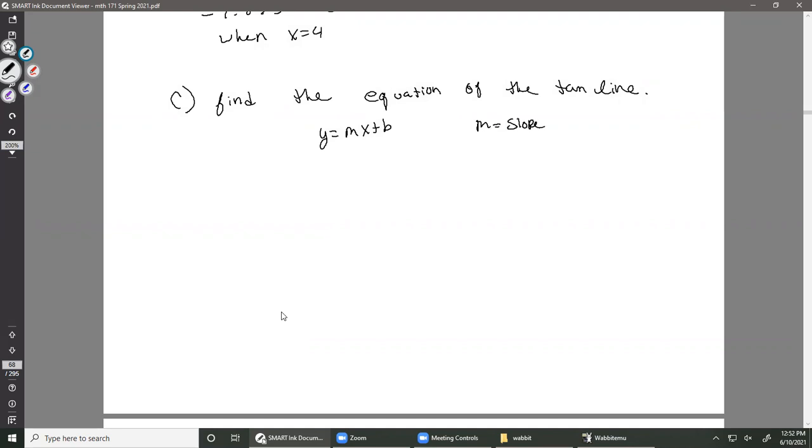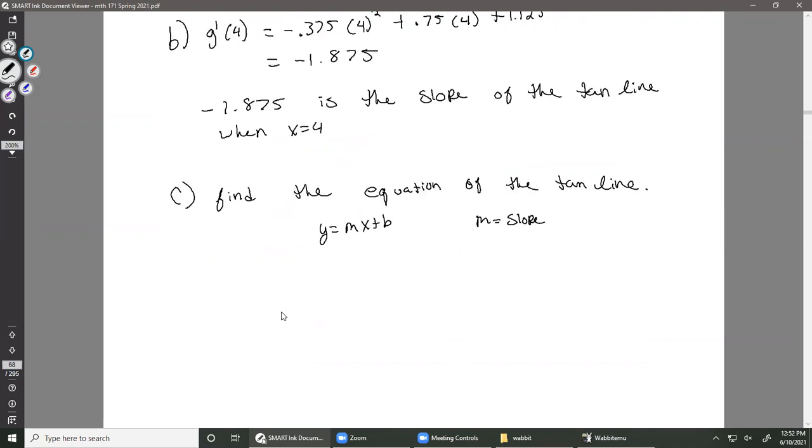And we're looking for the equation of the tangent line. Do we have the slope of the tangent line? Yeah, we found that in part B. So we have y is equal to negative 1.875 x plus b. We only need to find one more variable. We only need to find b.